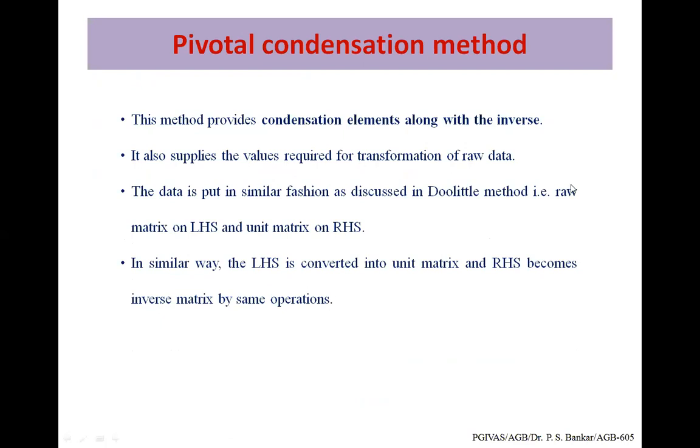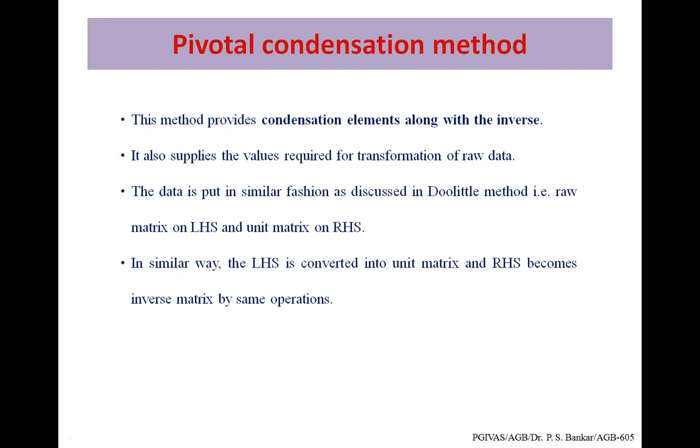In this method, we are going to condense the elements along with their inverse, and it supplies the value required for the transformation of raw data. Here also, in a similar fashion, on the left hand side the raw matrix is there, and on the right hand side the unit matrix is there.